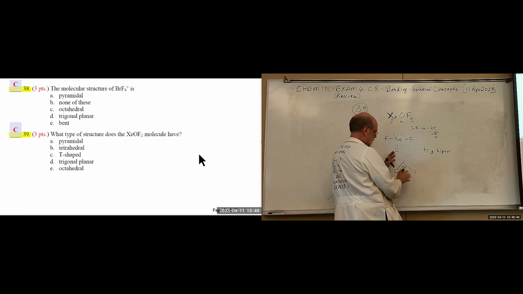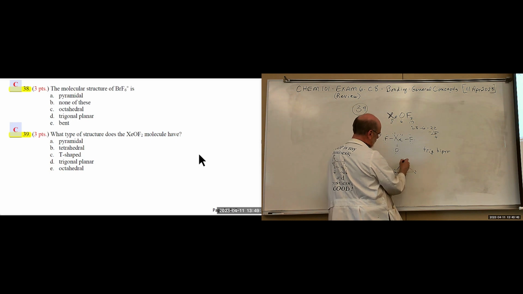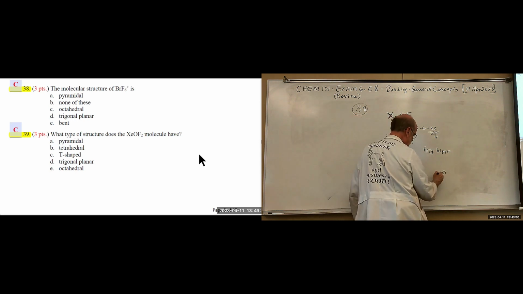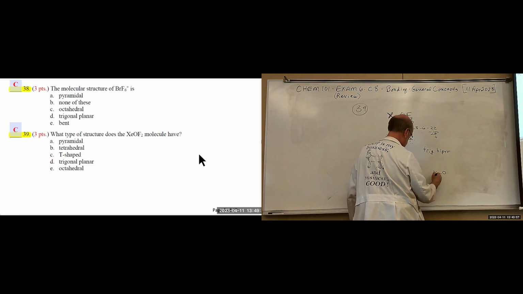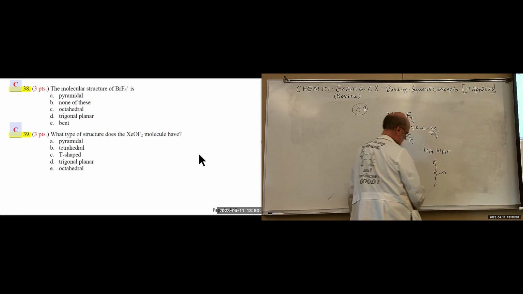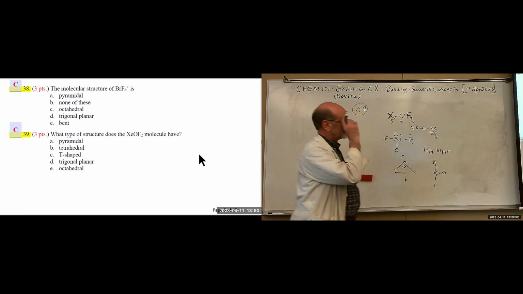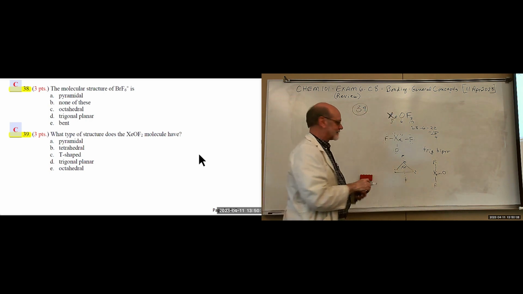So if we turn it around, I would put the oxygen out here and the fluorines down there, then you get a T shape.